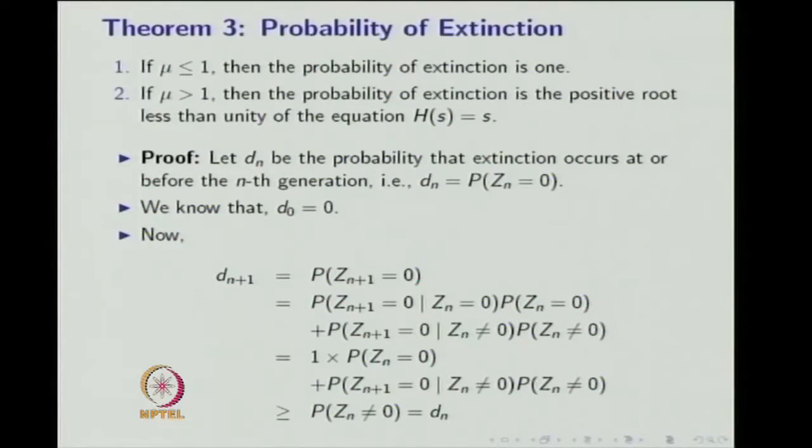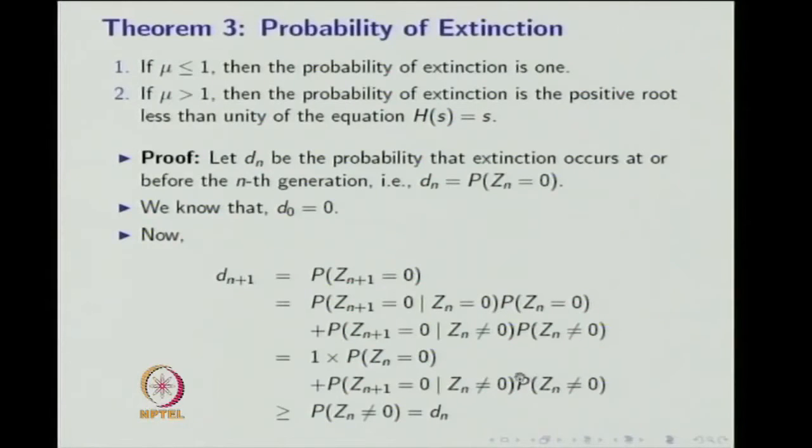This quantity is the same as 1 times the probability of Zn equal to 0, plus the probability of Zn plus 1 equal to 0 given Zn not equal to 0 multiplied by the probability of Zn not equal to 0. Obviously, the second term will be greater than or equal to 0.